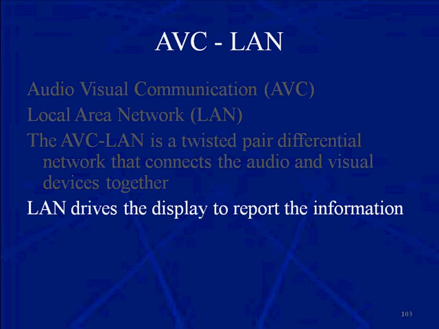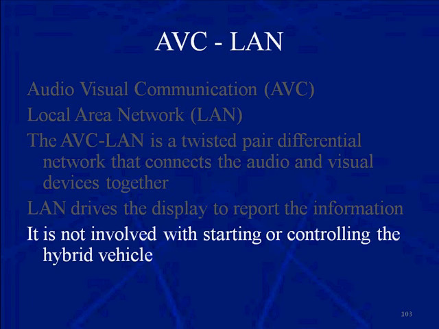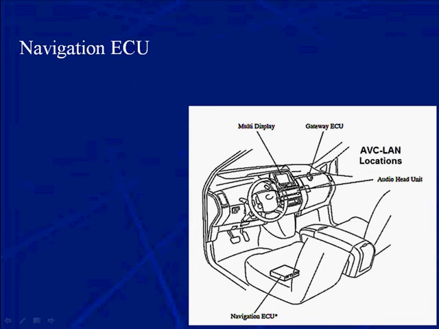Now LAN drives the display that tells you all the reports that come from that information LED screen on the dashboard. It's involved with starting and controlling the system in no function whatsoever. It has nothing to do, AVC-LAN has nothing to do with starting or controlling the hybrid vehicle systems.